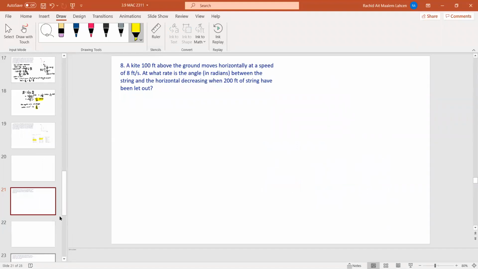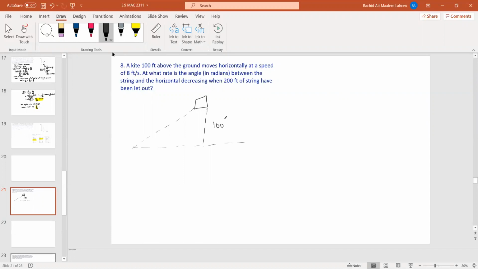All right, so a kite example. It's a little bit challenging because, how do you deal with this? But really, you have to look into something fixed. Based on this, the kite is 100 feet above the ground.